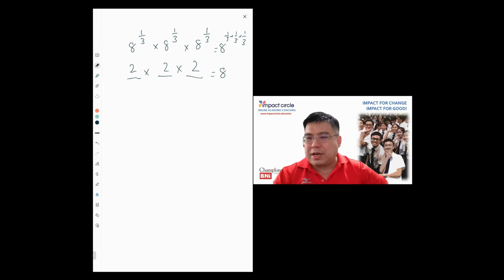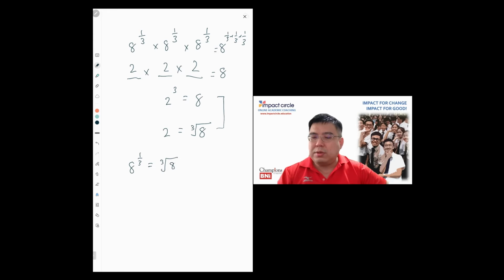I hope it's clear to you that we can see 2 to the power of 3 equals 8, and that means that 2 is also the cube root of 8. These are two different ways of saying the same thing. This means that 8 to the power of 1/3 is actually equal to the cube root of 8, which is equal to 2.